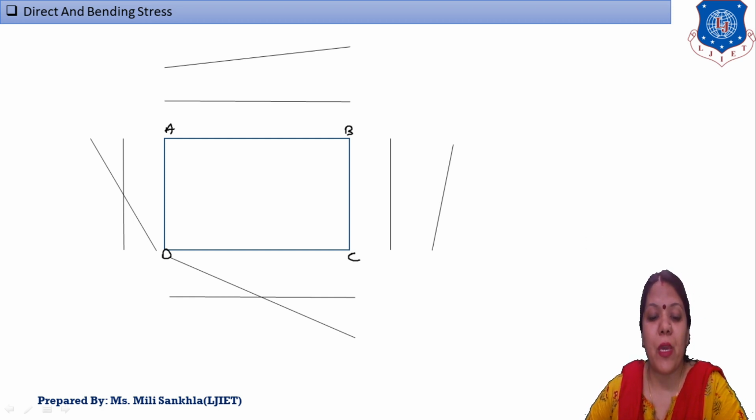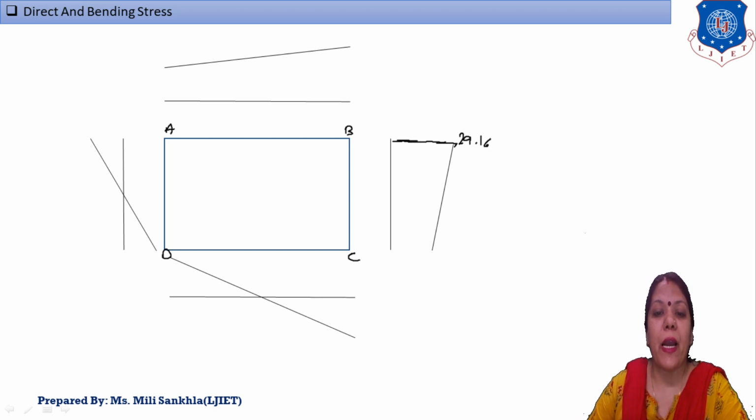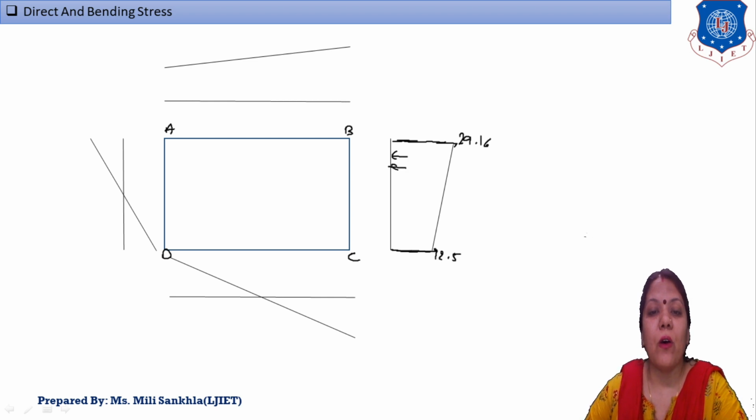At B corner we get 29.16, a positive value, so draw here. At C corner we get 12.5, again positive, so draw below the reference line.